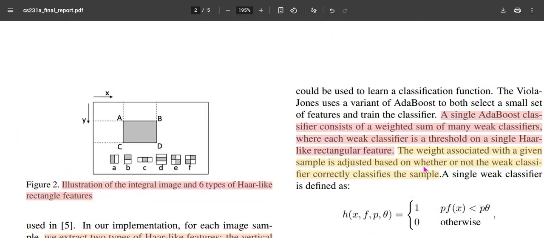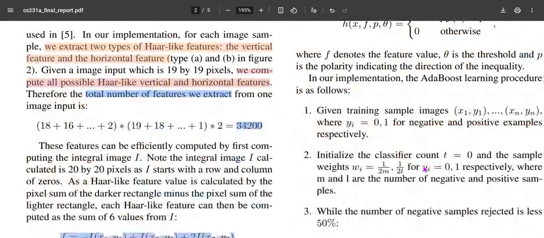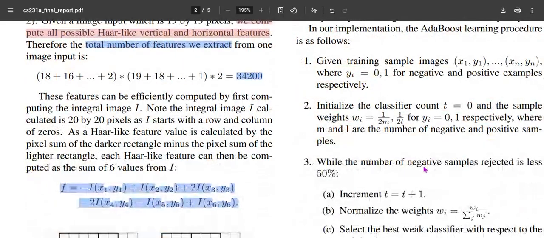So, the three contributions again: the integral representation, extracting Haar-like features, then selecting the important Haar-like features.